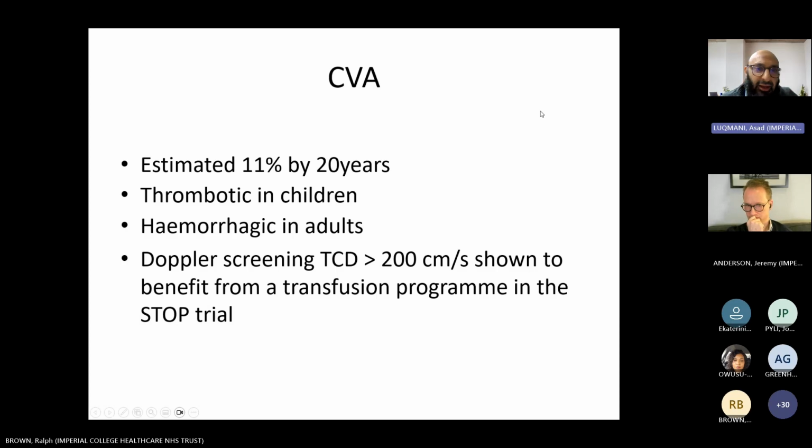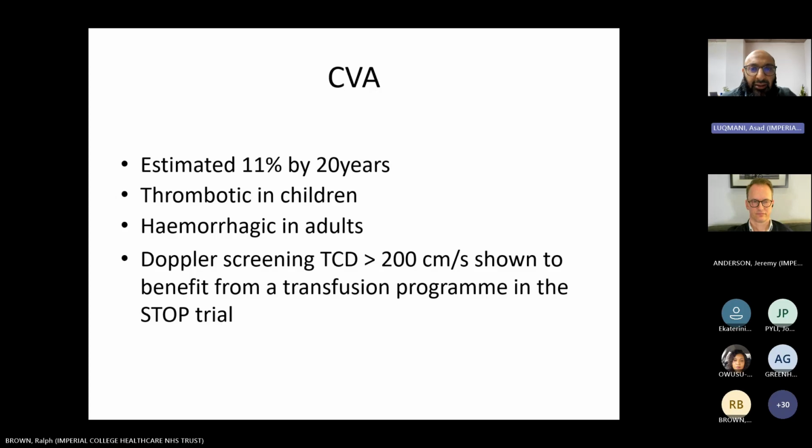So this just highlights that stroke is very common in sickle cell disease. By the age of 20 years, 11% of patients with sickle cell disease, predominantly SS and S beta 0 thal genotypes, will have had a manifestation of a stroke.